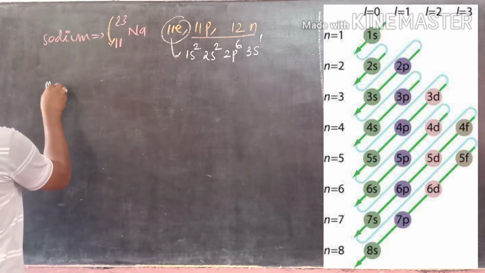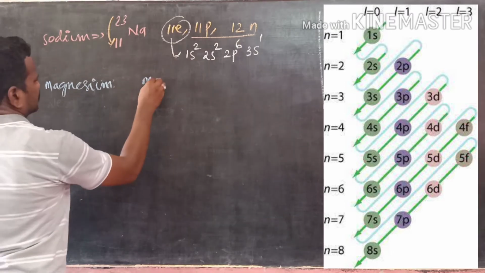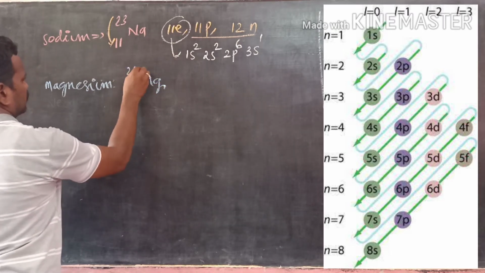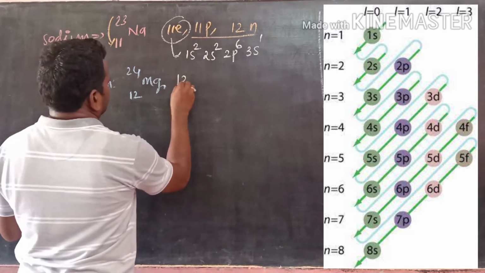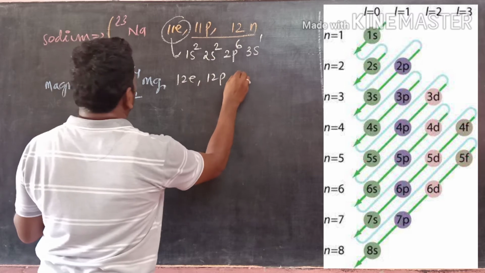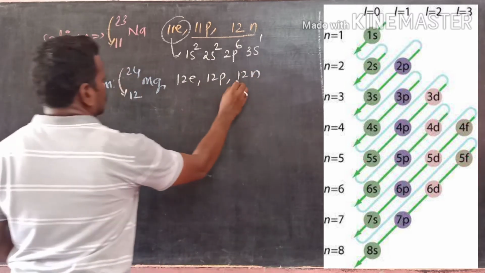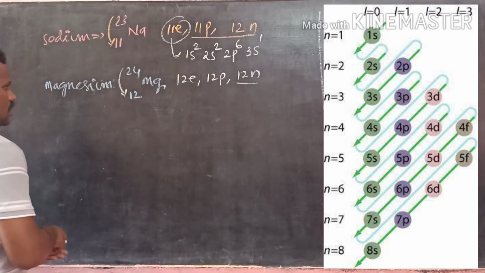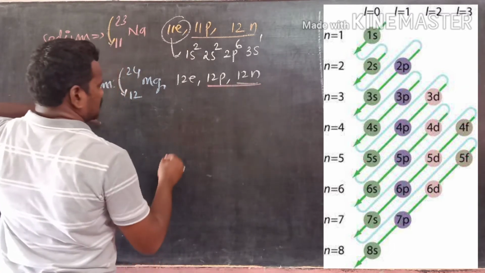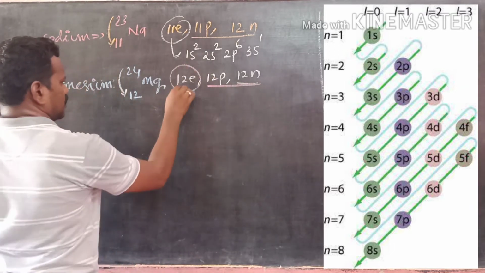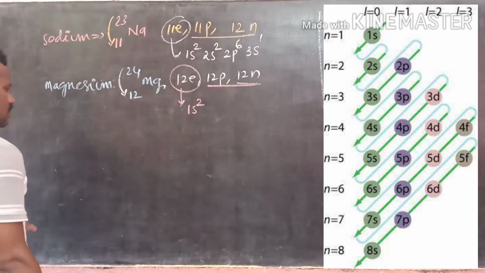Next element is magnesium. Its general representation is Mg, mass number 24, atomic number 12. That means it contains 12 electrons, 12 protons, and 24 minus 12, that is 12 neutrons. The 12 protons and 12 neutrons are inside the nucleus. What about these 12 electrons? First, as per the Aufbau rule, they enter the 1s orbital.